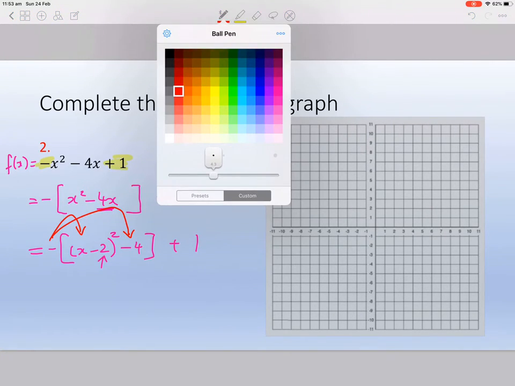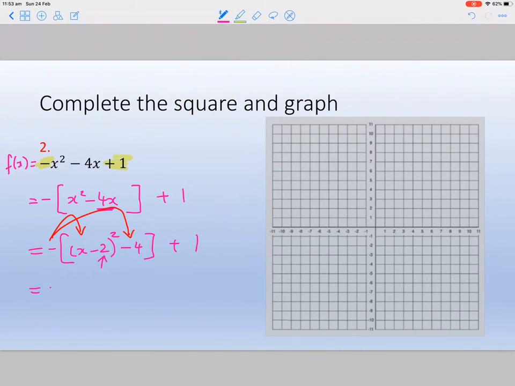So what do we get? We get minus just in front of these brackets. That makes sense. That's the first ski jump. And then that second minus means that it's going to be +4 +1, which equals minus x minus 2 squared plus 5.